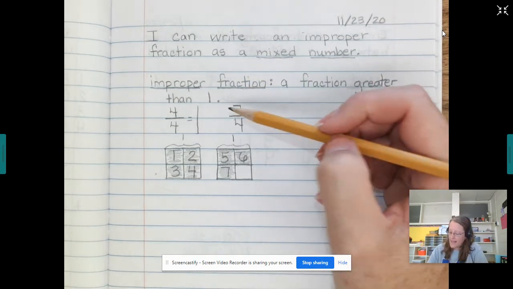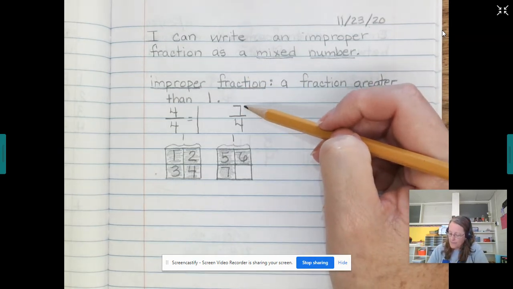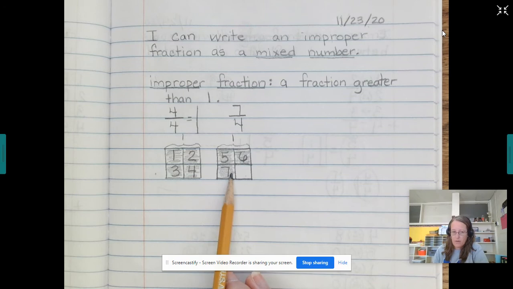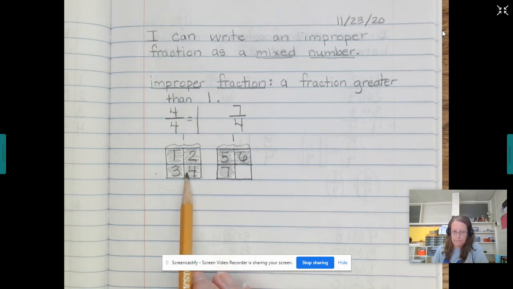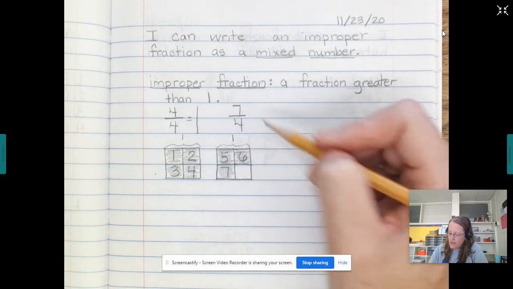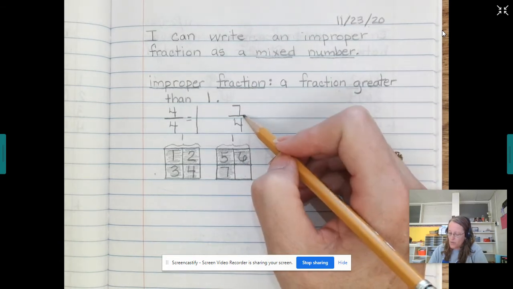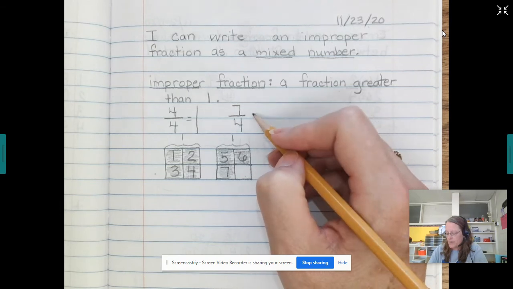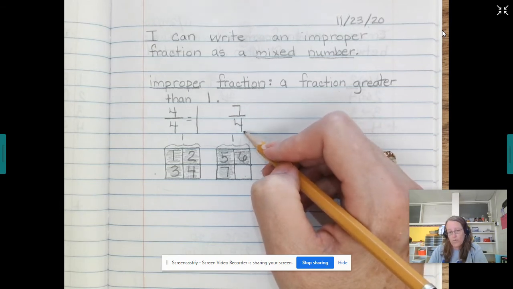Girls and boys, this, as we can clearly see, is greater than 1. An improper fraction is a fraction that is greater than 1. 7 fourths is more than 1 whole, okay?